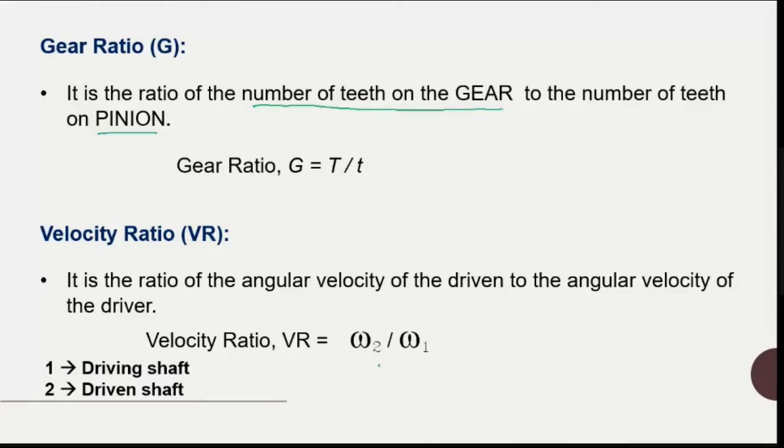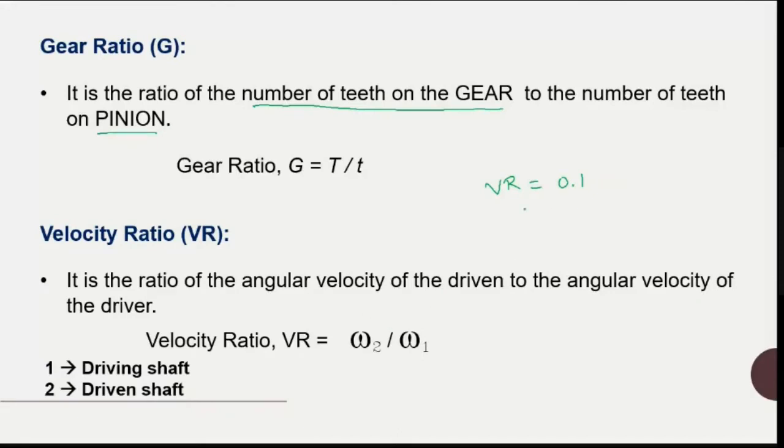If omega 2 is the output speed and omega 1 is the input speed, then omega 2 by omega 1 is your velocity ratio. It may be lesser, like 0.1, or it may be a greater value. It depends on what type of speed it is.